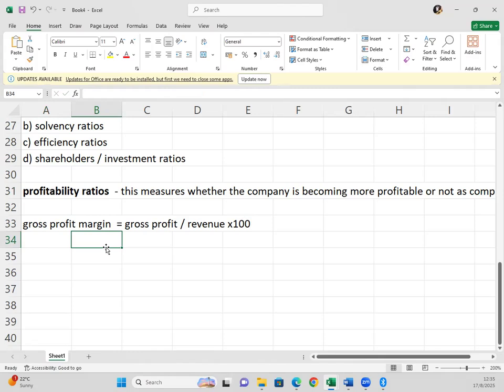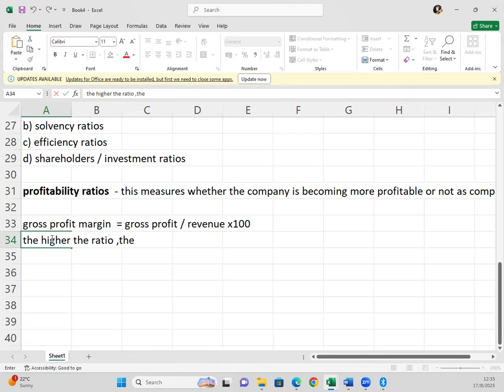If comparing two companies or two periods, the higher the ratio, the better the performance. As an organization, we should seek to have a higher gross profit margin.